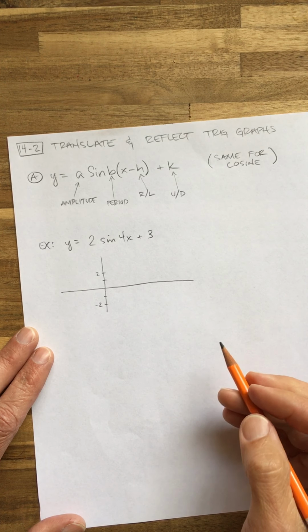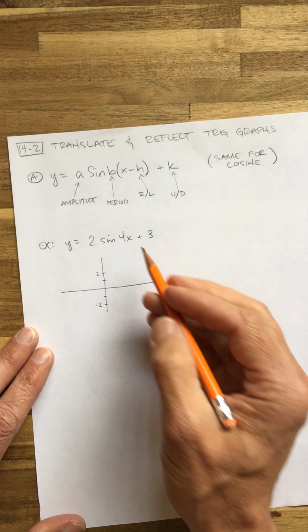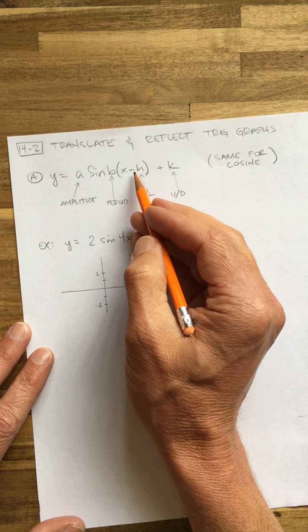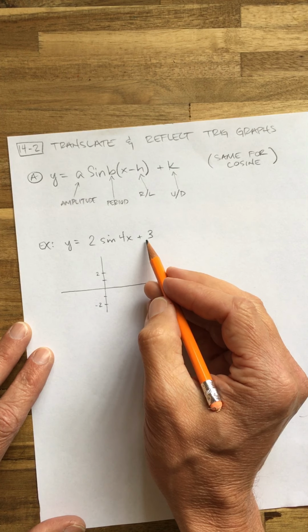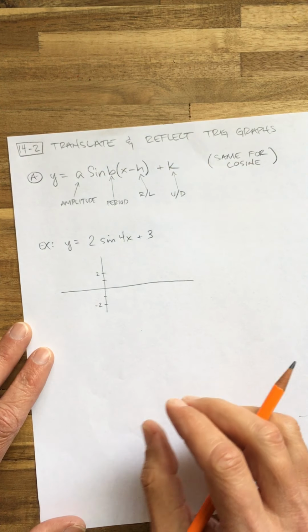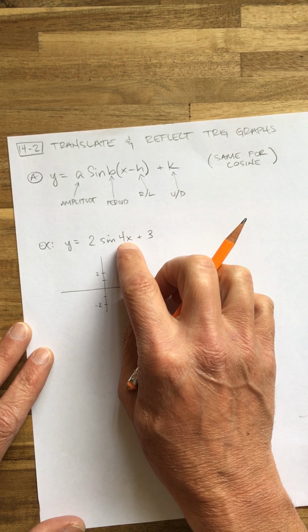There is a B value of 4. Now this 3 is not in parentheses with the x, so this 3 is my K value, so that 3 makes my graph shift up.